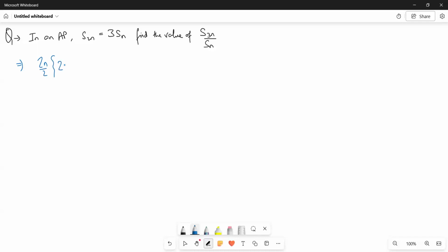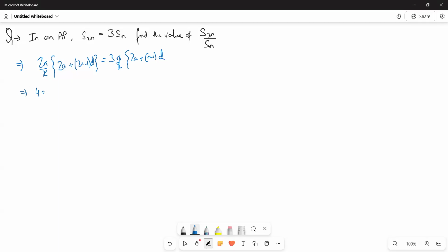2n by 2 into 2a plus 2n minus 1 d is equal to 3 times of n by 2 into 2a plus n minus 1 d. So, n by 2 cancels here.